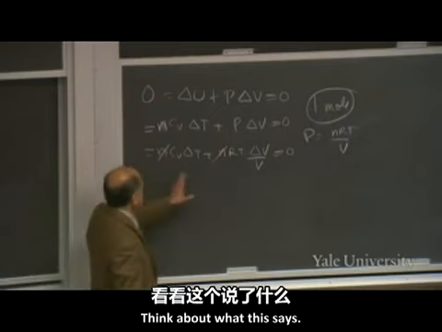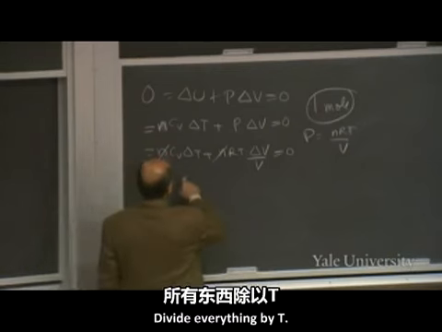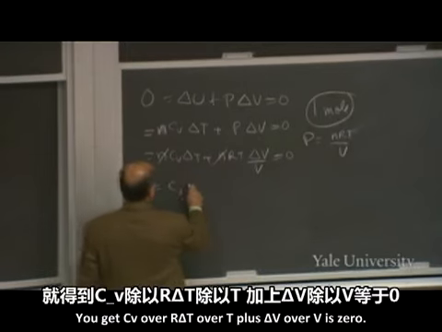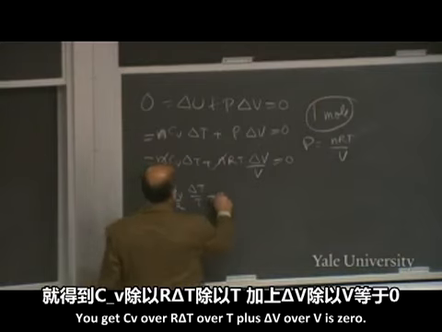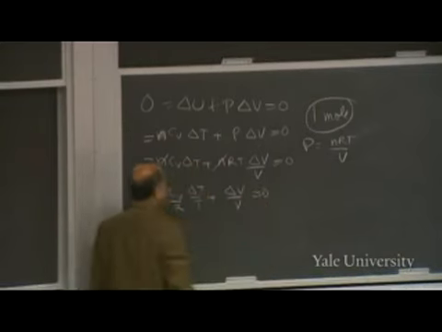Think about what this says. Divide everything by T. You get CV over R delta T over T plus delta V over V is 0.